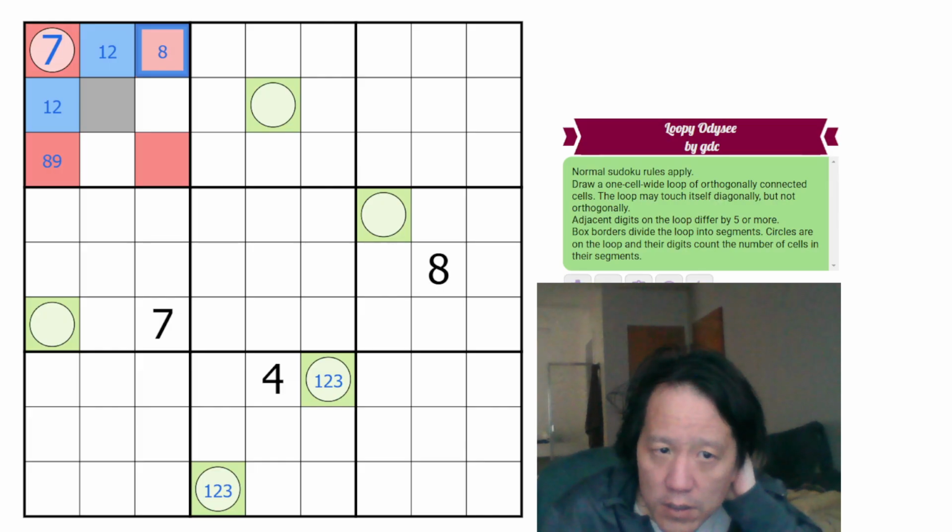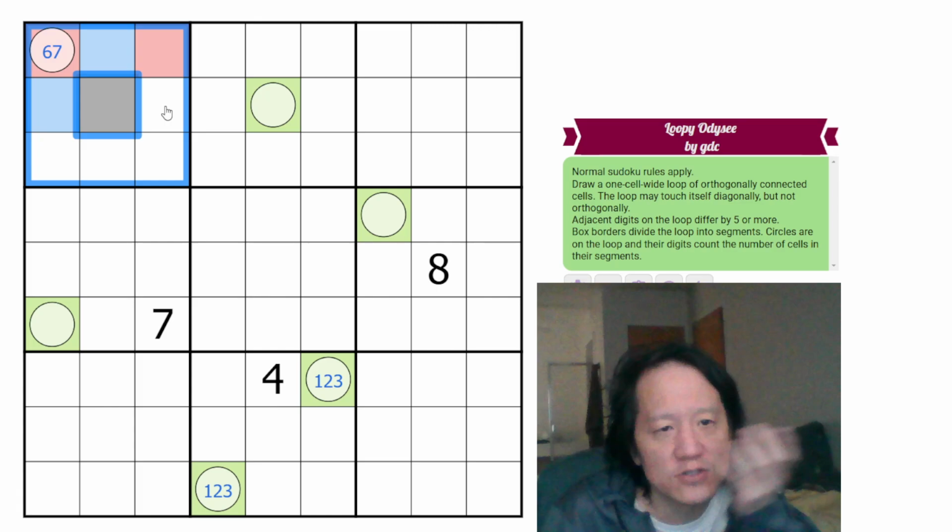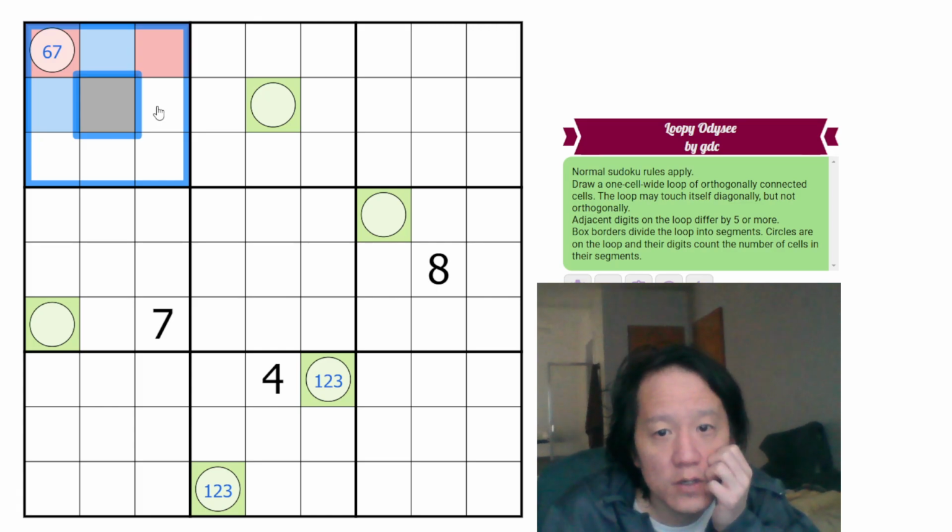You can't have 8 on the loop. Right? Because if you have 8 on the loop, that's just the loop. Okay. It has to go this way.